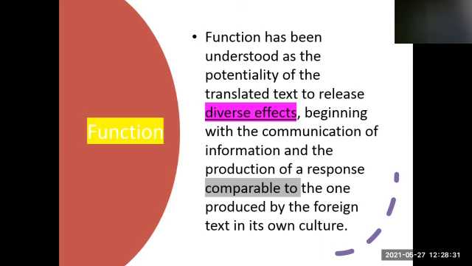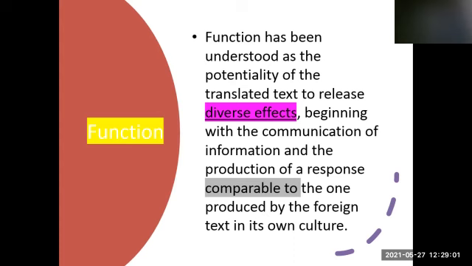It's meant to give certain effects. Any text has this, whether it's an official statement or a love poem. So once I start translating, I have to keep in mind the function of this text.